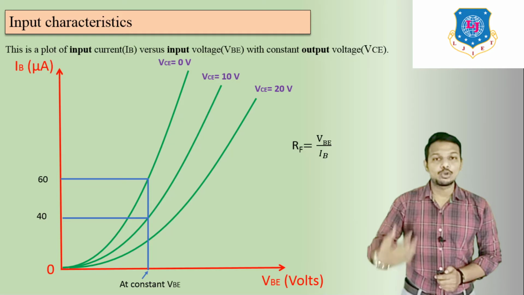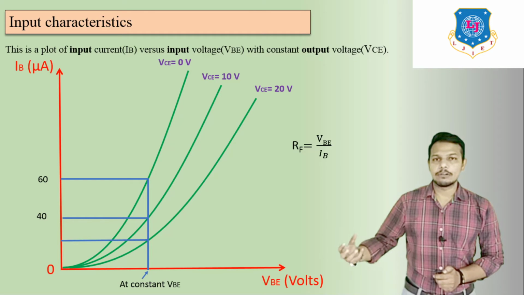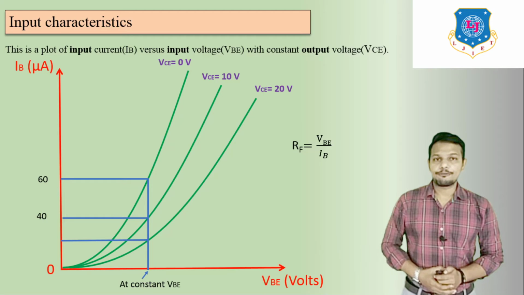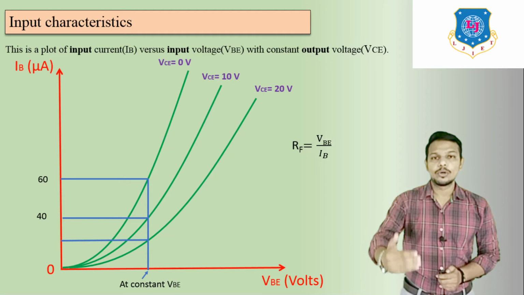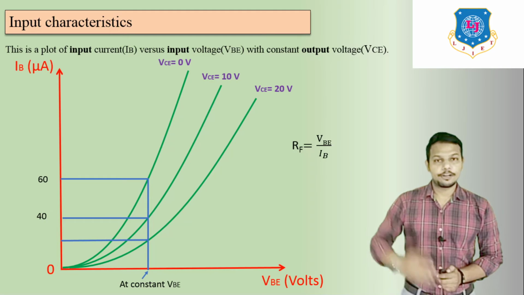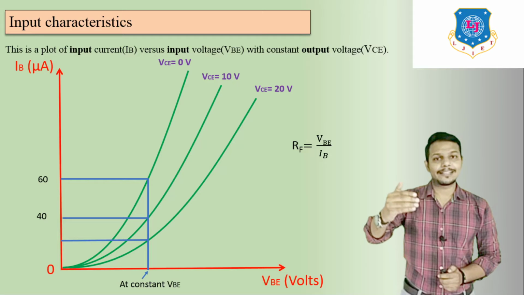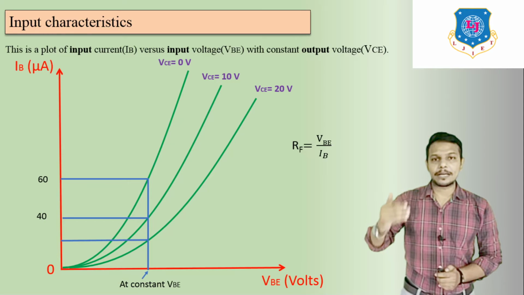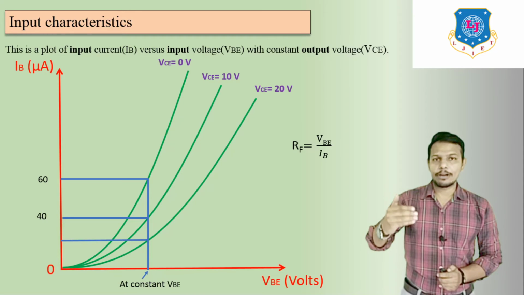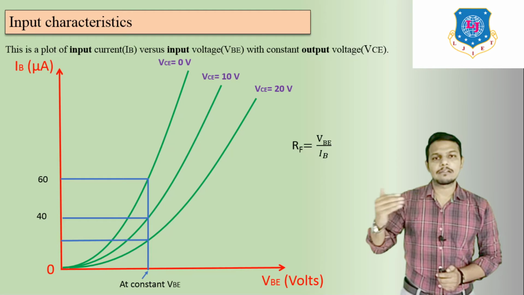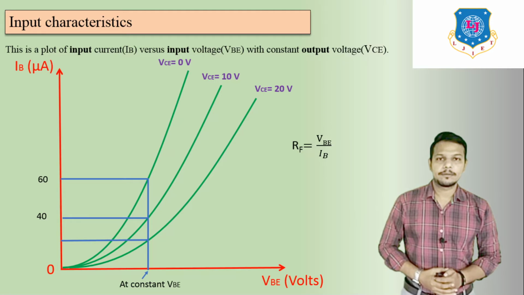If VCE is equal to 20 volt, then IB is equal to 20 microampere. So that means if we increase VCE's value, then your IB's value decreases. First VCE is equal to 0, IB is 60 microampere, then VCE is 10 volt, it becomes 40 microampere, and last VCE is 20 volt, then IB is 20 microampere.